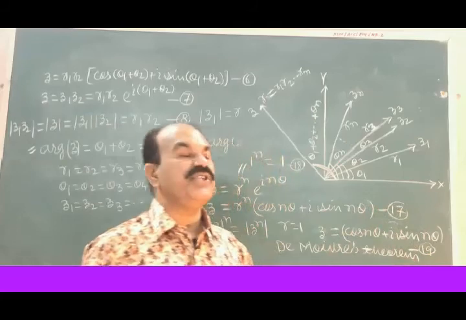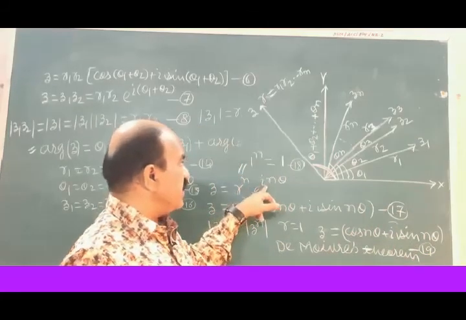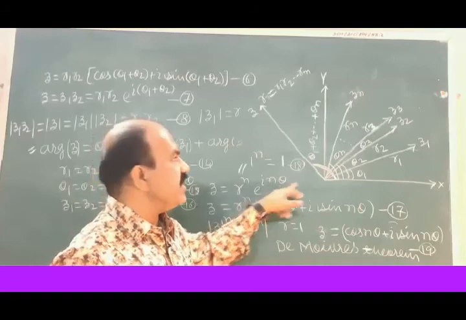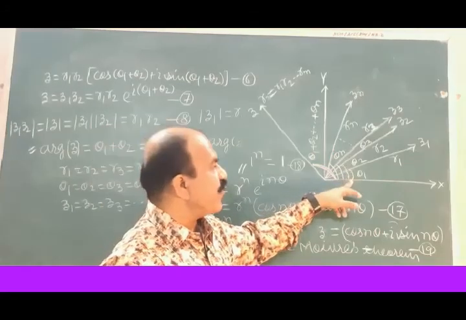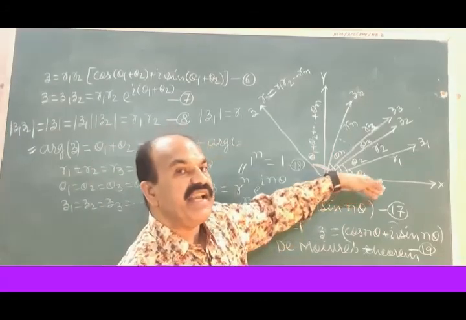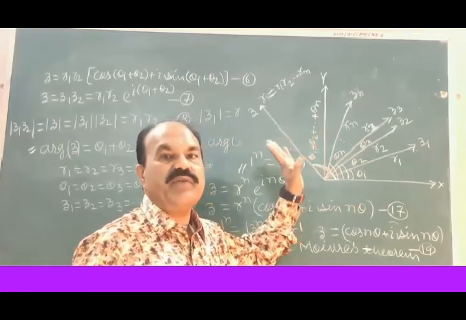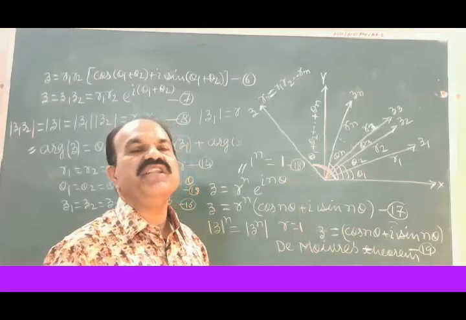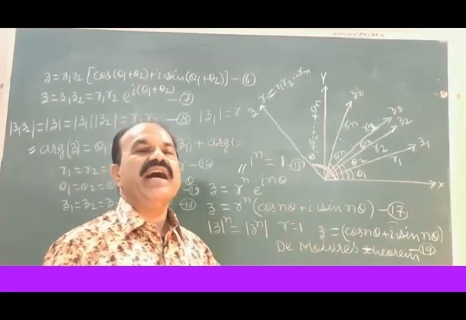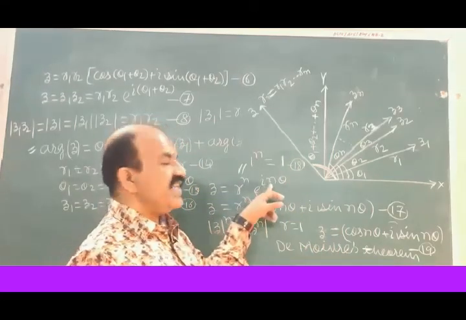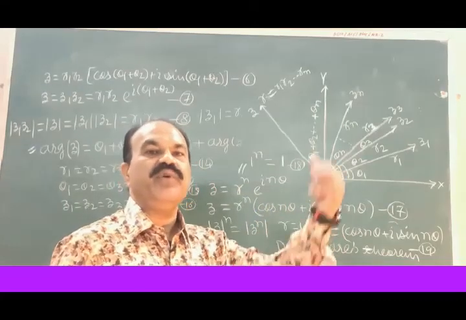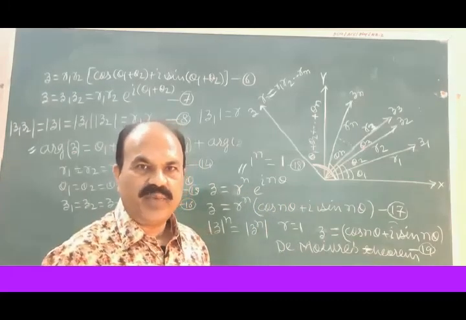What is the exponent? i n theta. Angle theta, which is drawn from x-axis in the anticlockwise sense, is always positive. Therefore, all these angles theta 1, theta 2, theta 3, theta 4 up to theta n are positive. This n is positive because n is counting 1, 2, 3, 4, 5, 6 up to nth complex number.